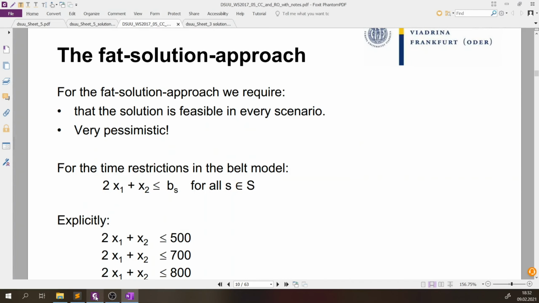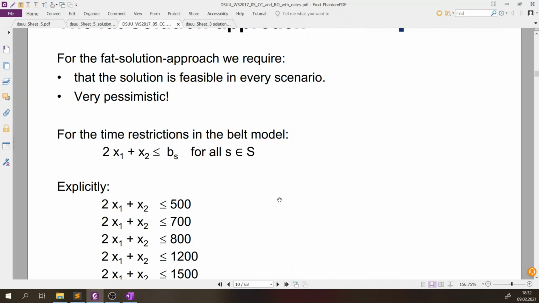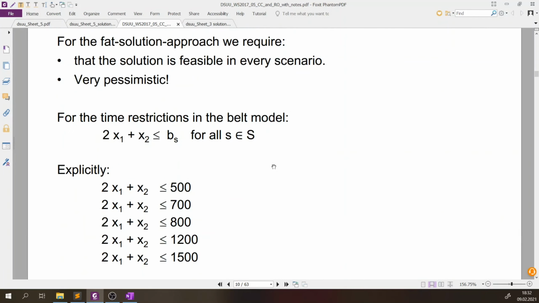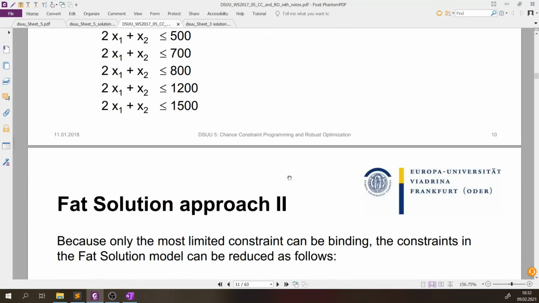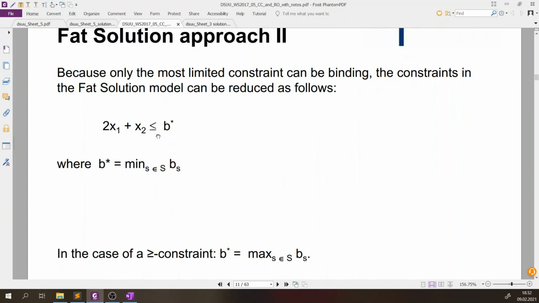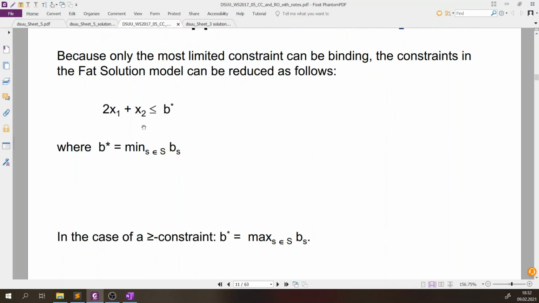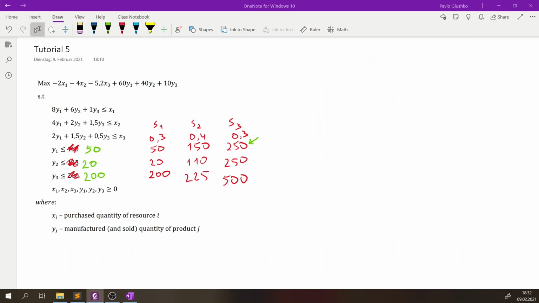And if I go back to the lecture, here you have again the same explanation. As this is the right-hand side for a less or equal constraint, you choose the smallest parameter value. So again, as a general rule, if you understand how this logic works, we have a less or equal constraint.